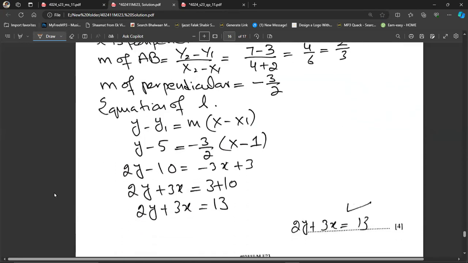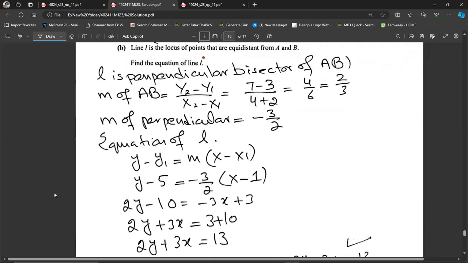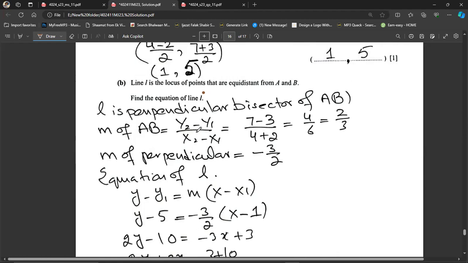So you know, for the equation of any line, if I know the coordinates of one point on that line and I know the gradient of that line, I can find the equation of the line by this formula: y minus y1 is equal to m bracket x minus x1. x1 and y1 are the coordinates of that point, and m is the gradient of that line. So the point is the midpoint 1, 5.